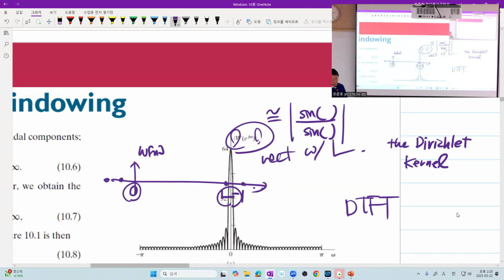So since this is the DTFT of the signal, no vectorization by cutting out all the zeros. All ones, starts from 0, ends at L minus 1.